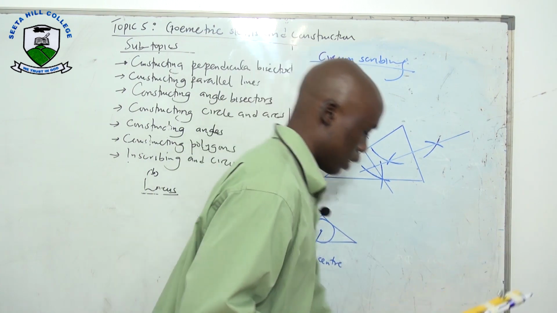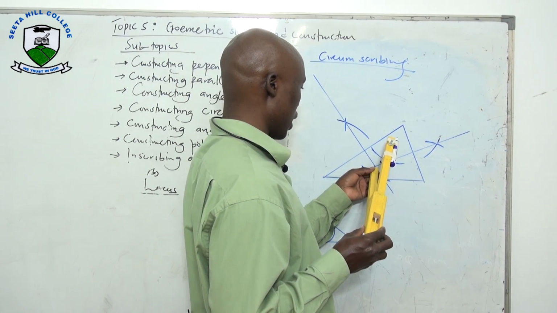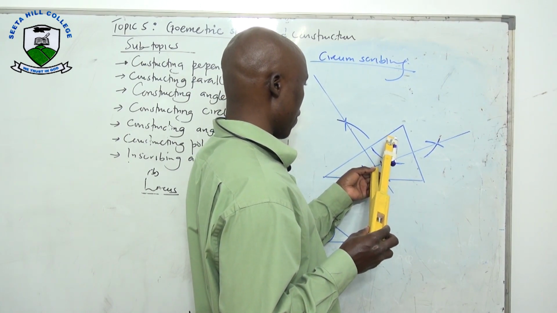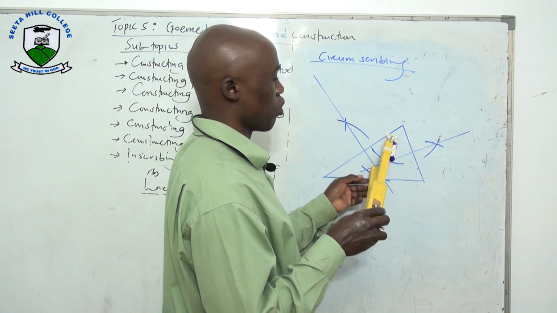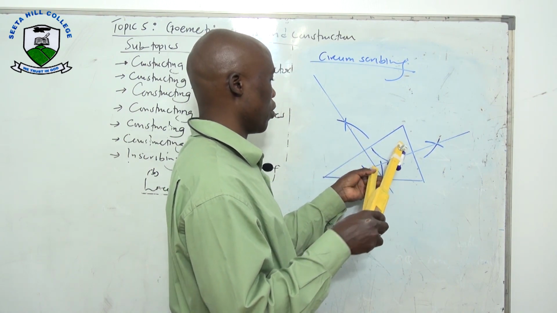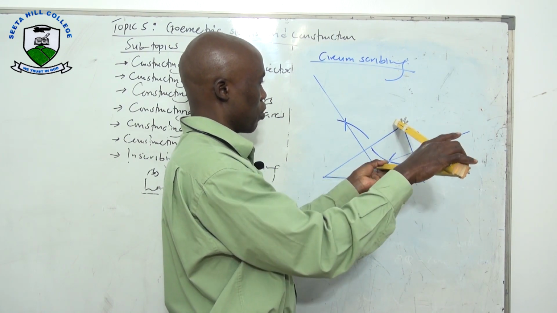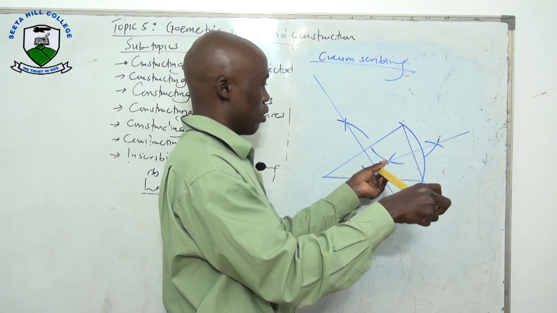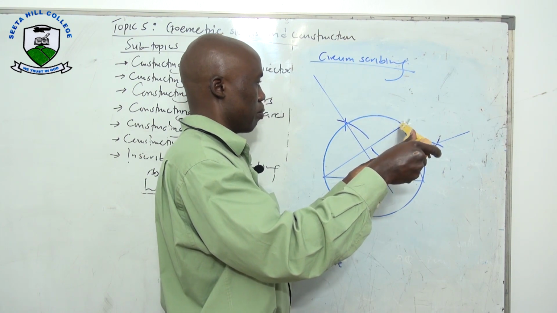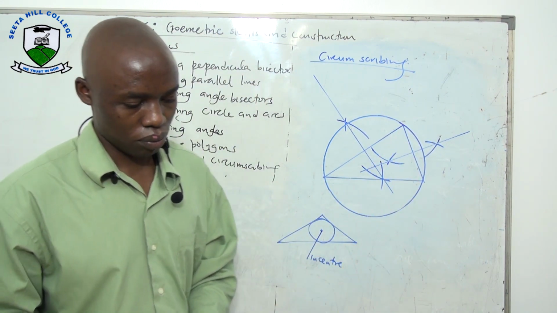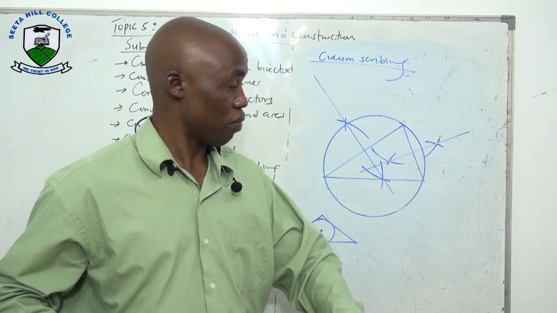Incenter and circumcenter. Now here, because our circle just passes through the tip, there is no need to check the radius, because the tip is already a point where I'm very sure I'm going to pass, not like where I'm inscribing. I hope you have noticed that.